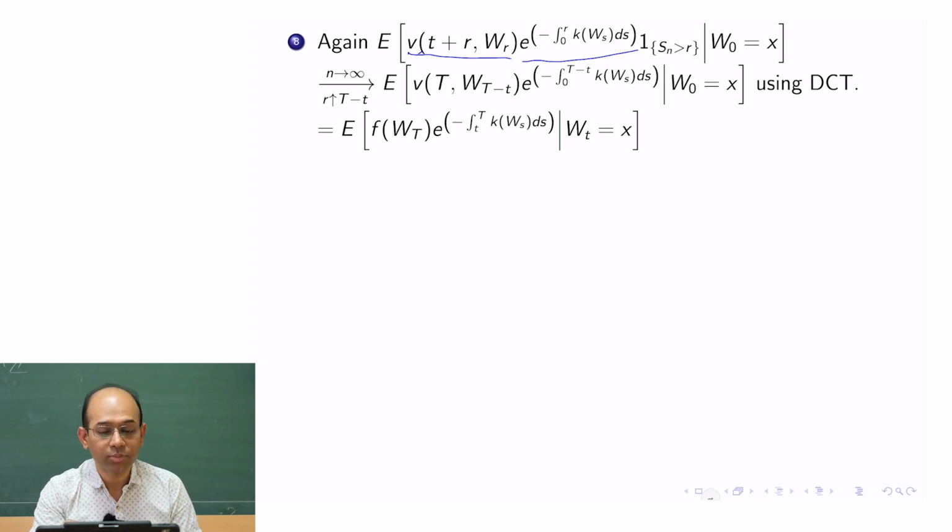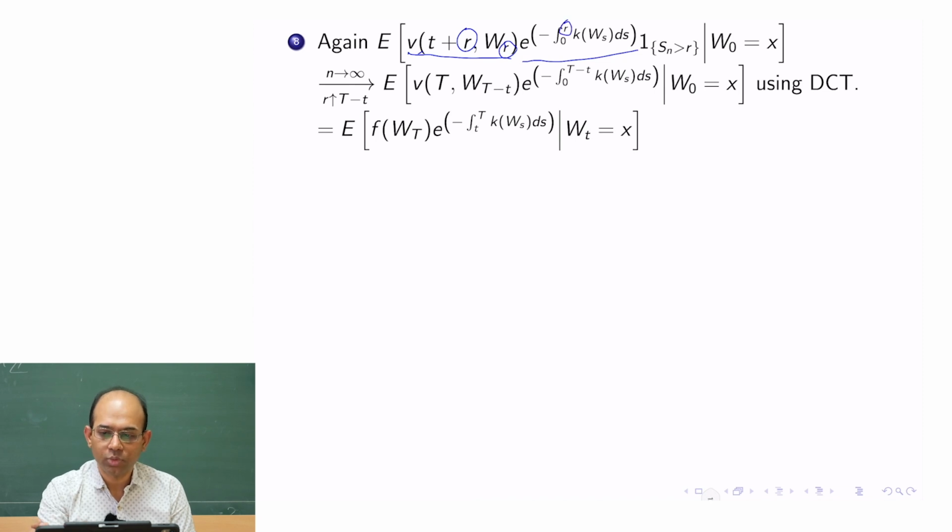Here I am considering the other part of the event, S_n greater than r. You remember that we promised we are going to have two different terms. We only talked about one term, when S_n is less than or equal to r. Now we are considering S_n greater than r. In that case, r minimum S_n becomes r itself. So we are getting v of t plus r, W_r, and e to the minus integral 0 to r here.